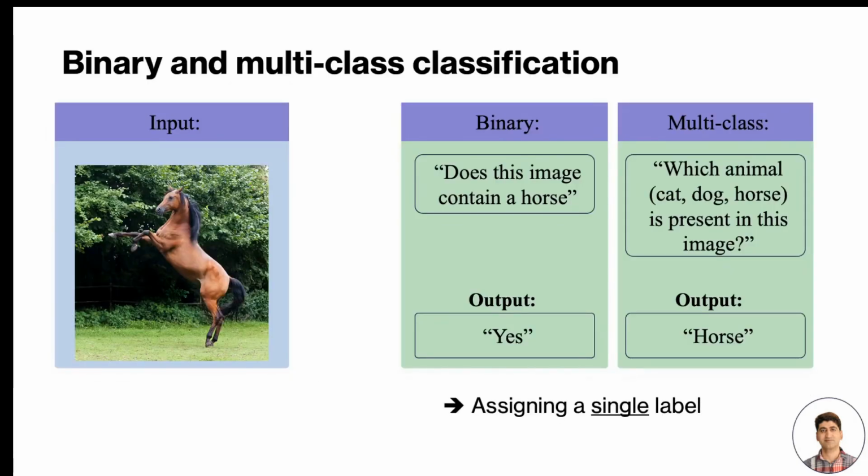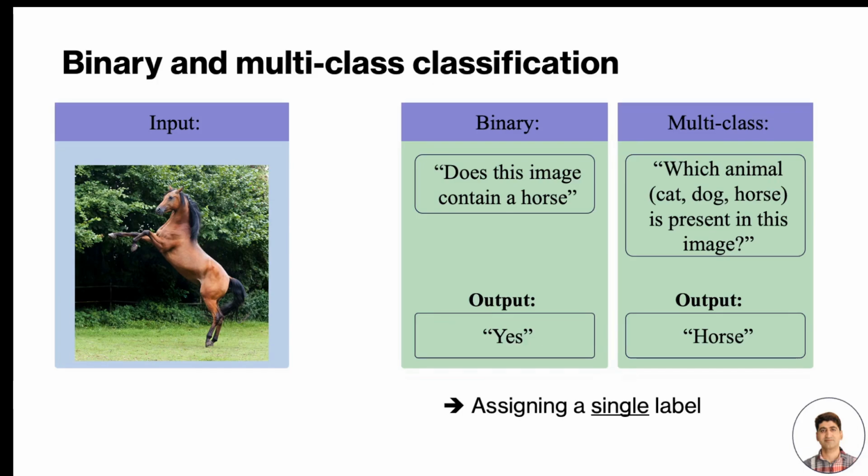For binary and multi-class classification, we always assign a single label to the entire image. But the difference between binary and multi-class is in the form of question that we are trying to answer. For binary classification, the question is always a yes or no question, whereas in multi-class, we are trying to identify which object out of a set of options is present in this image.